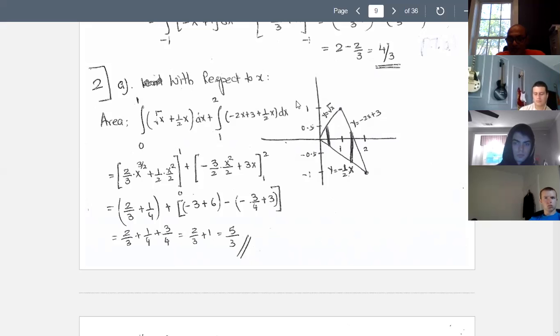If you are integrating with respect to x, you are moving from top to bottom. The f minus g of x is like this. Here your f of y is this one, g of y is this one. Because you are integrating with respect to y, you are supposed to write this in the form of f of y minus g of y.